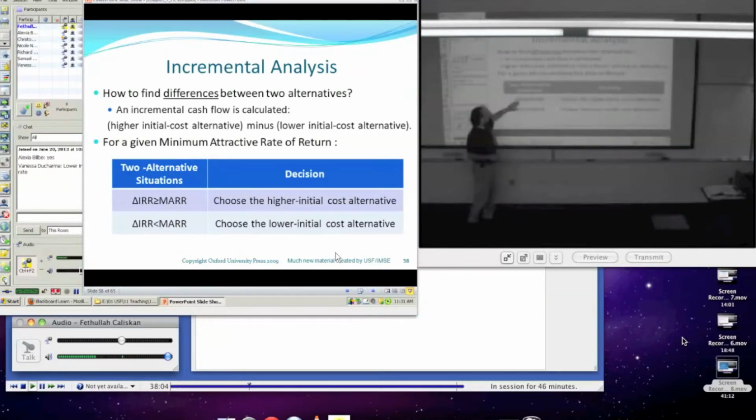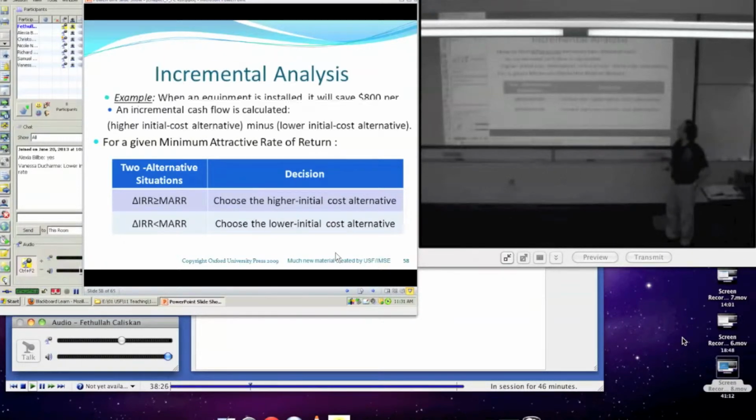But once you do the increment first, high initial cost minus low initial cost, and find the incremental rate of return accordingly, then greater than minimum attractive rate of return, choose high initial cost, less, low initial cost. All right?